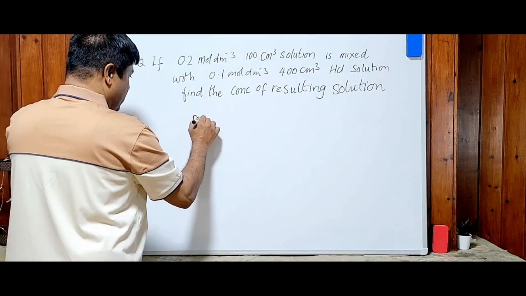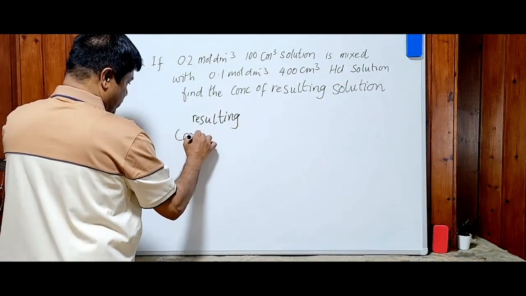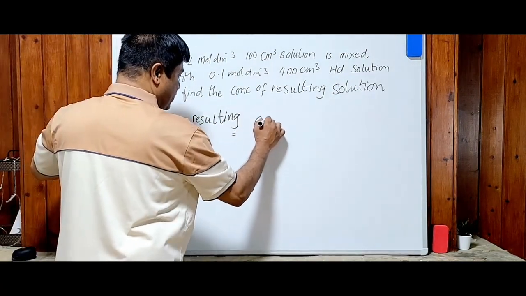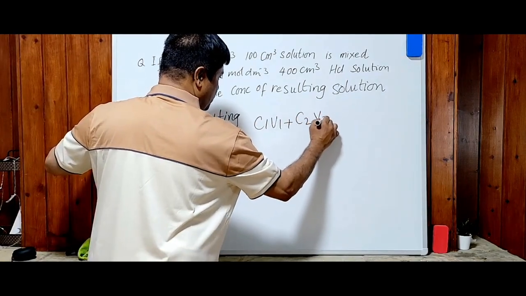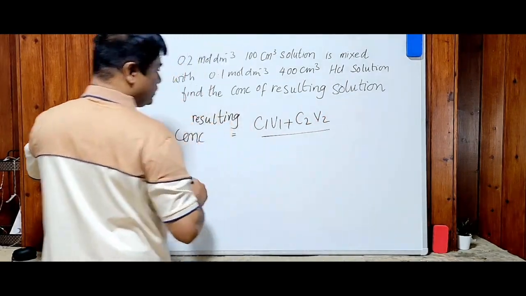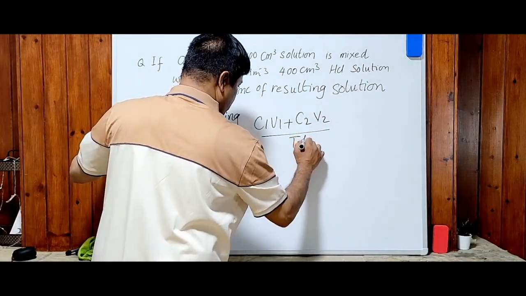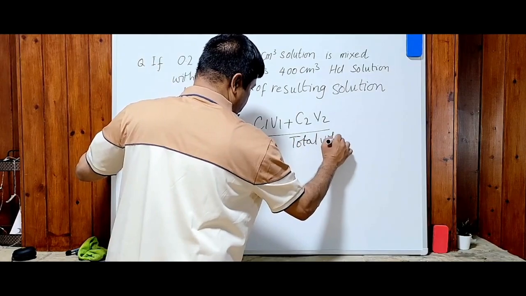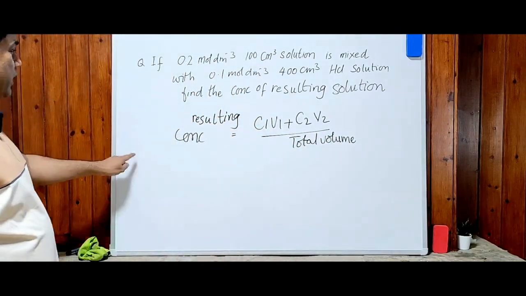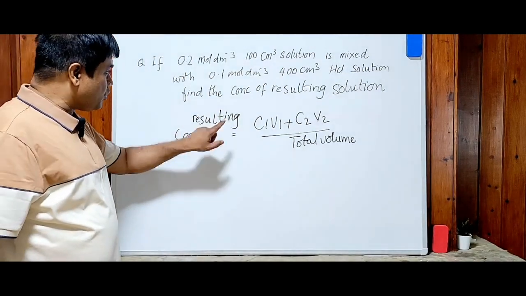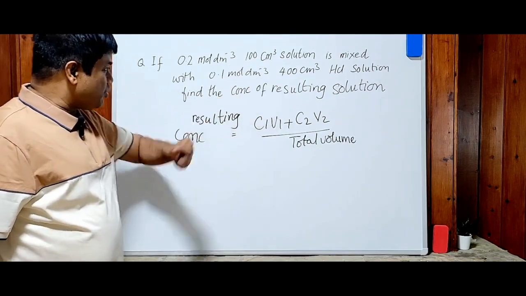Resulting concentration equals C1 V1 plus C2 V2 over total volume, like TV, total volume. This formula we can use only when we have the same chemical substance or same solute.